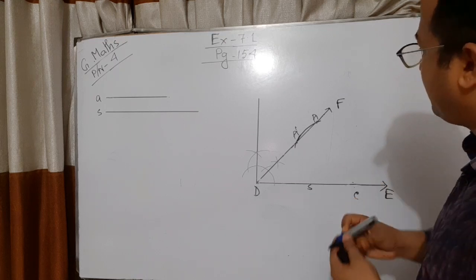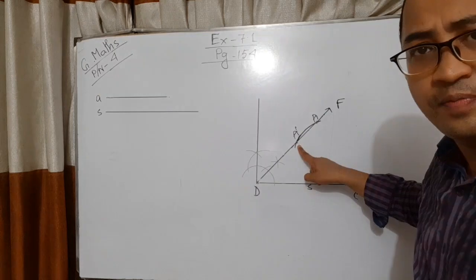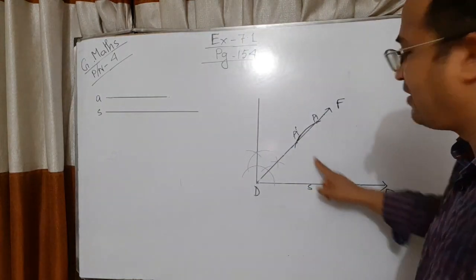Look, A prime is an external point from the line CD.